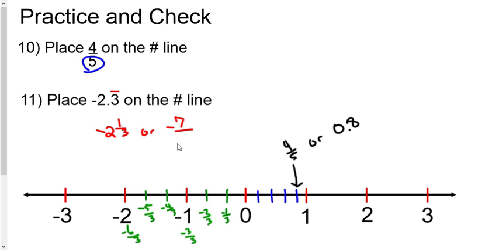I apologize. 3 times 2 is 6. 6 plus 1 is 7. And it was a negative, so it's a -7. And you keep the same denominator, so this should have been a 3. So the very next one that we put on here is going to be where it goes, right here at -7/3. And if we looked at the placement on it, maybe just a little over.